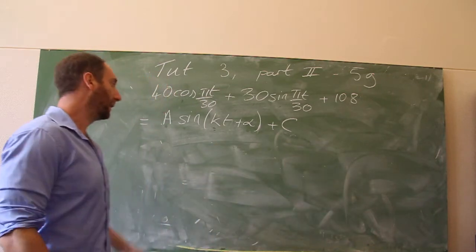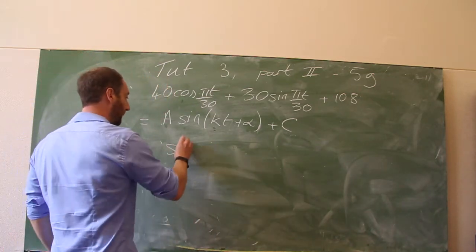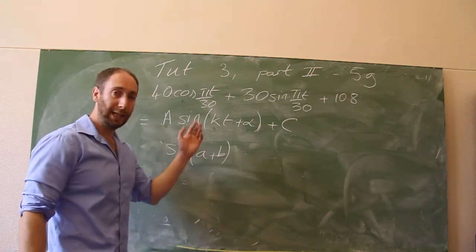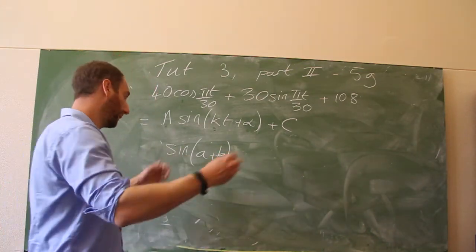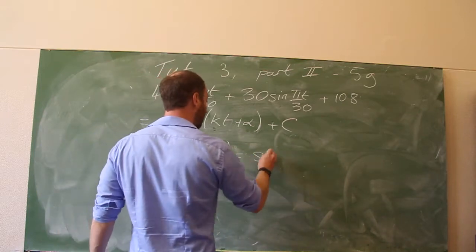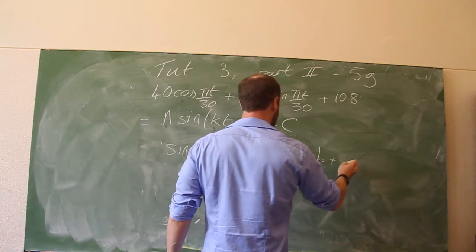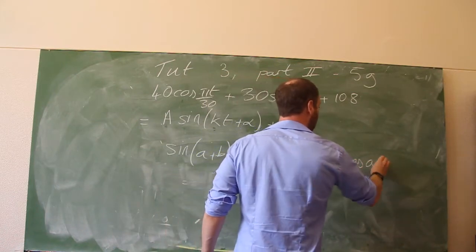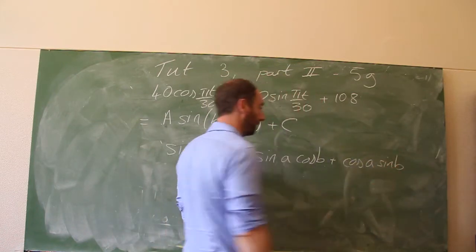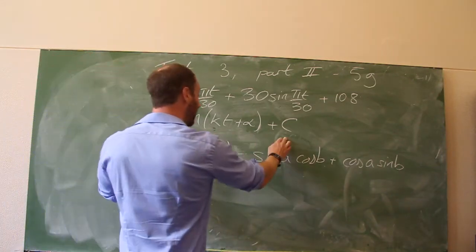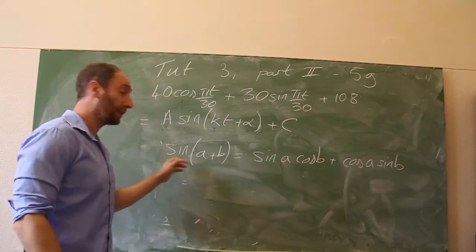What do we know about sin(A + B), where A and B are two angles? We know that this is sin A cos B plus cos A sin B. So somehow we can write this in this form using this identity.